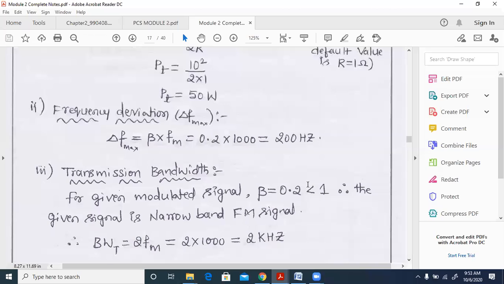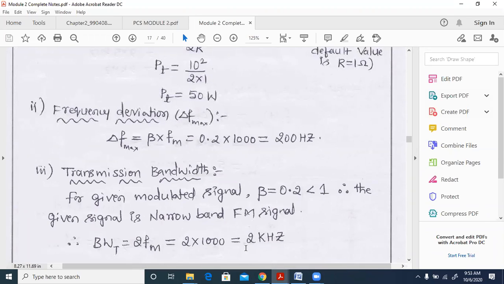However, if we don't neglect that beta value, then we will get 2 FM plus 2 del F max, and del F max is equal to beta into FM. Beta is 0.2, the value of FM is 1000, and therefore del F max we have got here as 200.